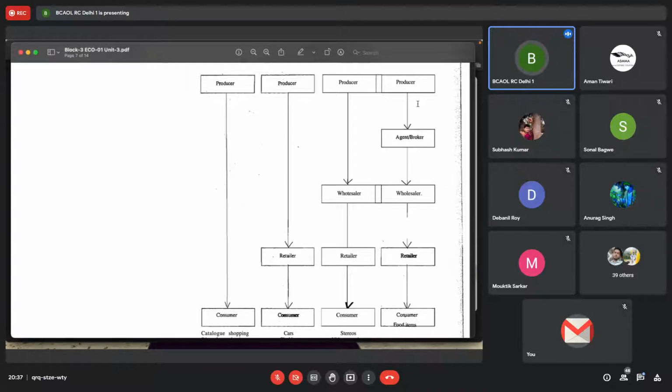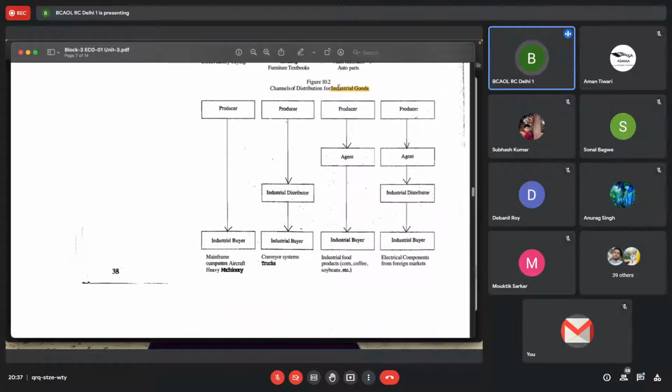And he will be getting the commission out of it. Similarly, industrial goods are heavy duty goods, like your aeroplanes, your trucks, your heavy machinery, your big computers. So they have huge investments. That is why they have special agents and industrial distributors as middlemen.